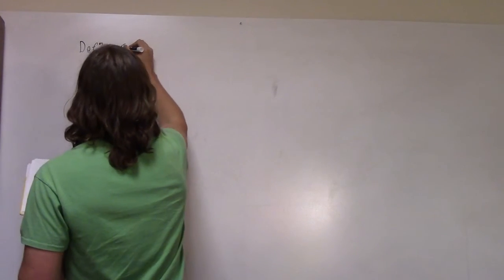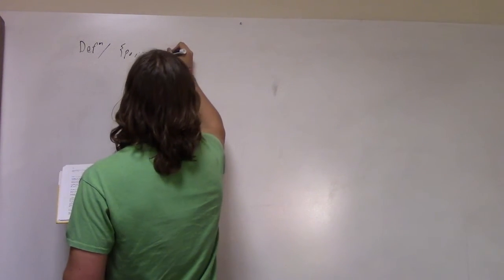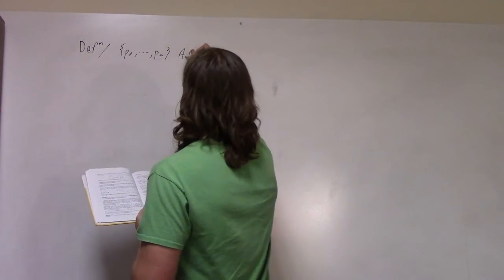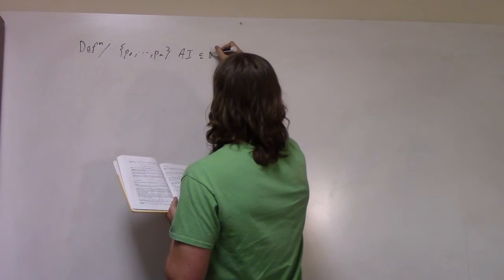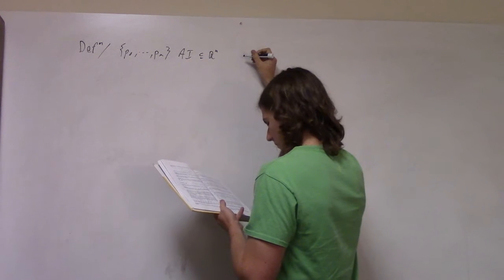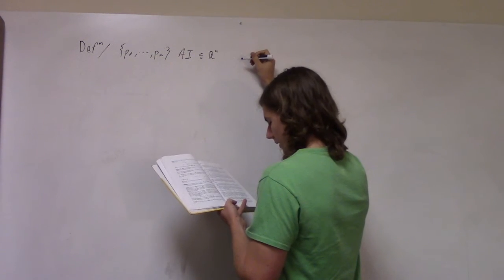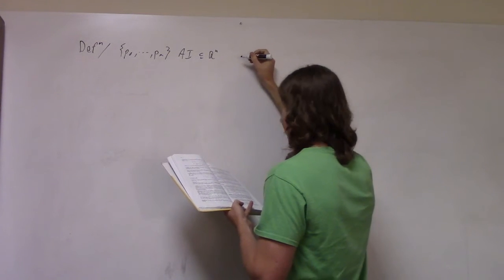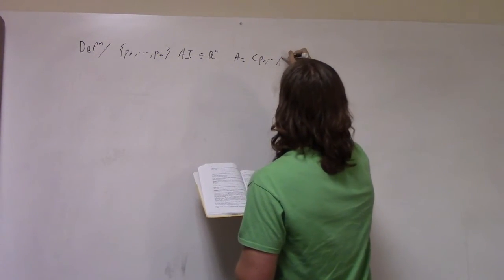So if you have an affine independent subset, it's always going to be affine independent from now on, I think. And A is the affine set spanned by this subset.